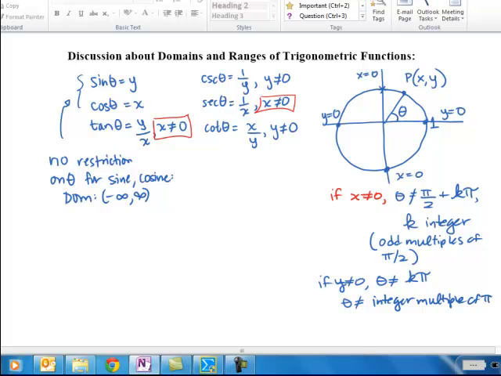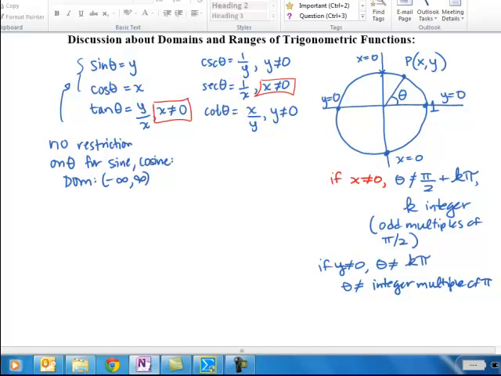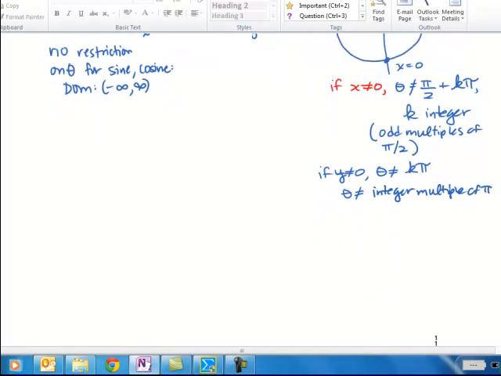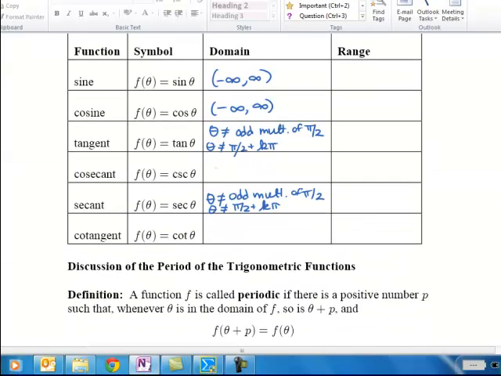So let's write those down. For cotangent and cosecant, we want to make sure that y isn't 0. That means theta cannot be an integer multiple of pi. You don't need to write these both ways, but I am, just so that you can see that either one is fine.